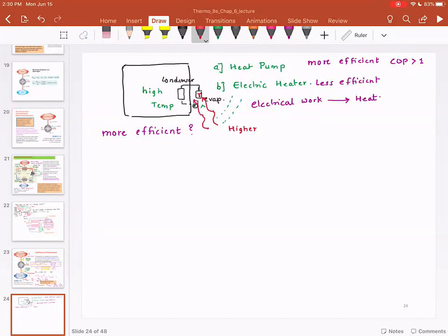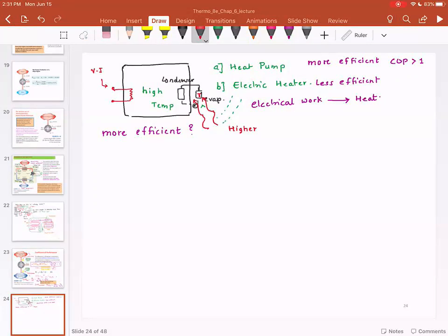Because that is how we want to heat the system. On the other hand, you could have a resistance heater and then you can send the electrical current V times I, and depending upon the efficiency of the coil, that electrical work will get converted to heat. But dollar to dollar, heat pump is more efficient than electric heater. But if the outside temperature is too low, then heat pump will not work.